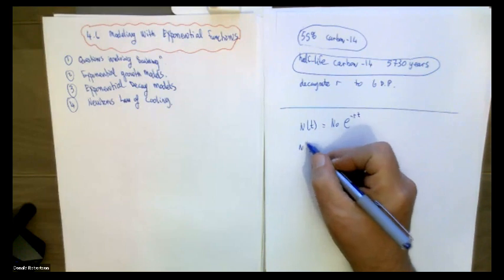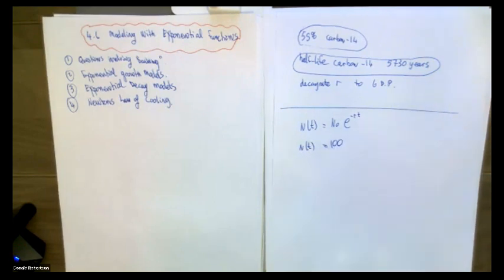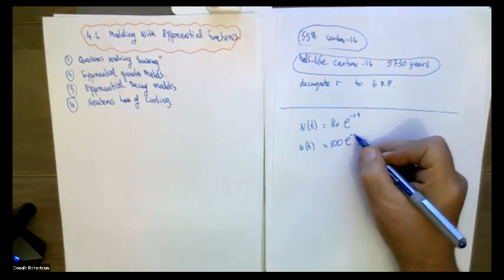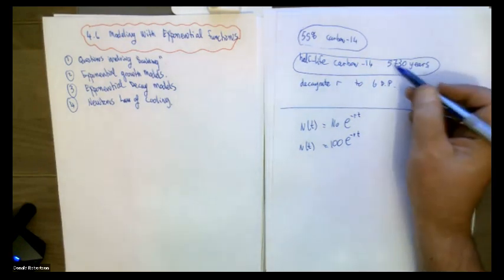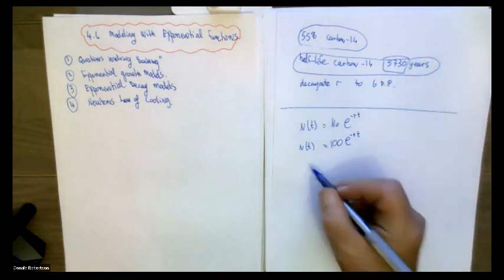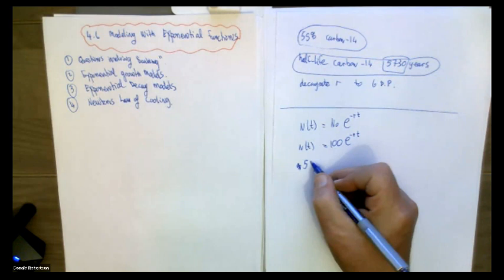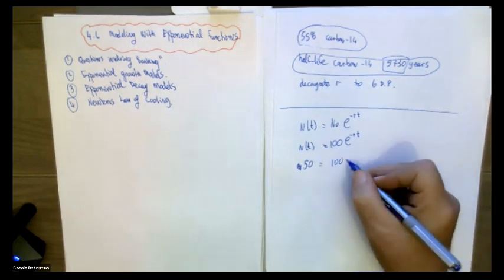So I'm going to say that N naught is 100%, pure carbon-14. If its half-life is 5,730 years, you'll have 50% left, since half of 100 is 50.